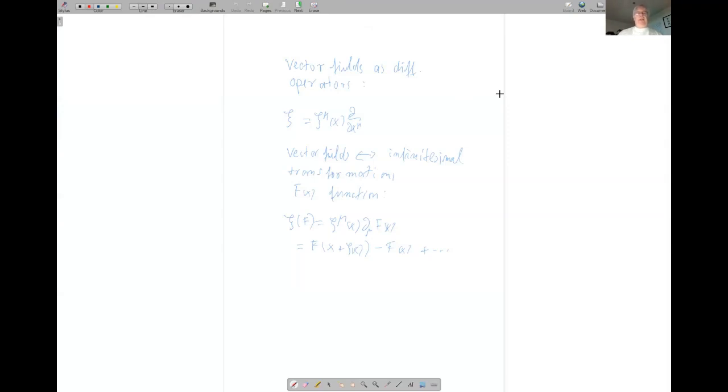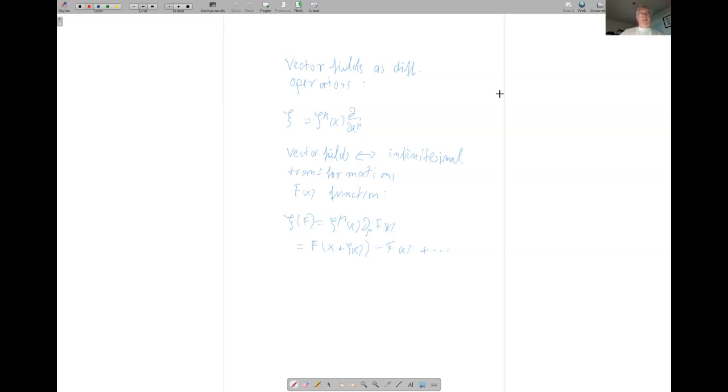So this example here is in a generic situation with some coordinates x^mu, and we have a vector field, and we write this vector field expanded out in the basis, where the basis vectors are just the partial derivatives with respect to the coordinates that we have, and then we have components which are functions of the coordinates. And this interpretation of vector fields as differential operators is useful. For example, I now have a correspondence between vector fields and infinitesimal transformations. So let's assume f of x is a function.